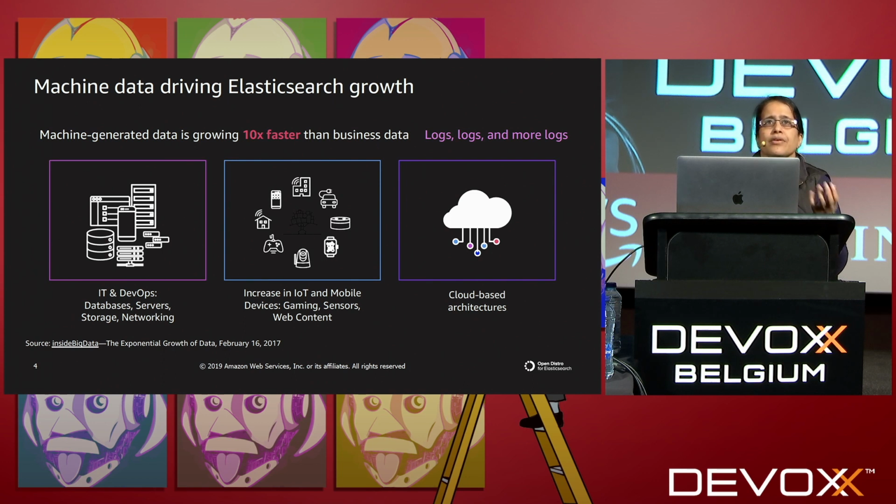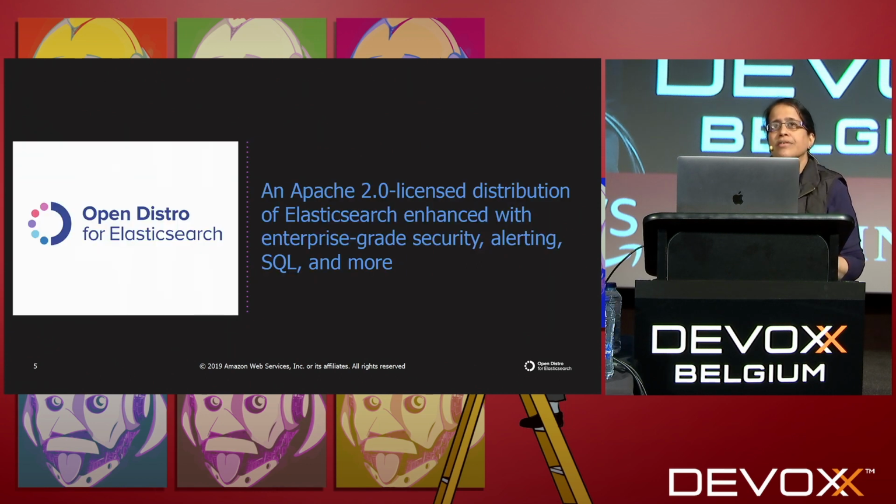So in this world of logs, it's super important to have your search clusters, which are used to analyze this data, to be efficient, to be optimized, and to be performant.